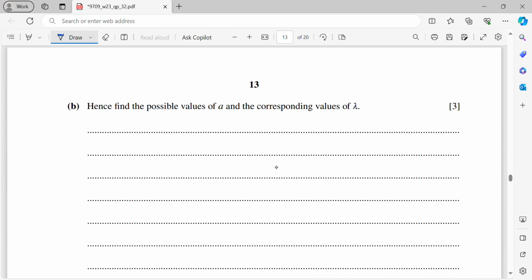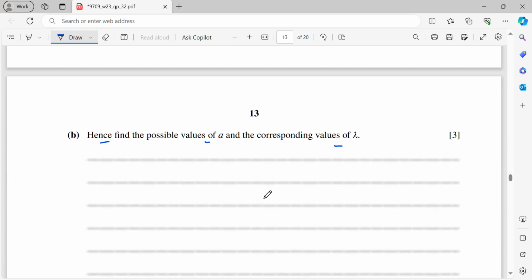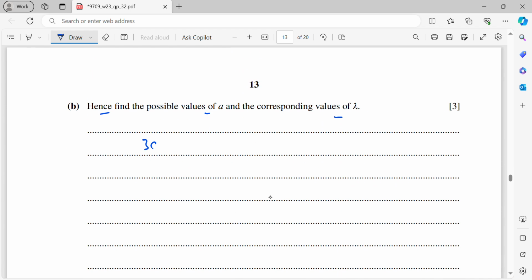Okay, next. Hence, find the possible values of a and the corresponding values of lambda. Hence means use the previous answer. So I will have to rewrite the quadratic equation. 3a squared plus 4a minus 4 equals to 0.